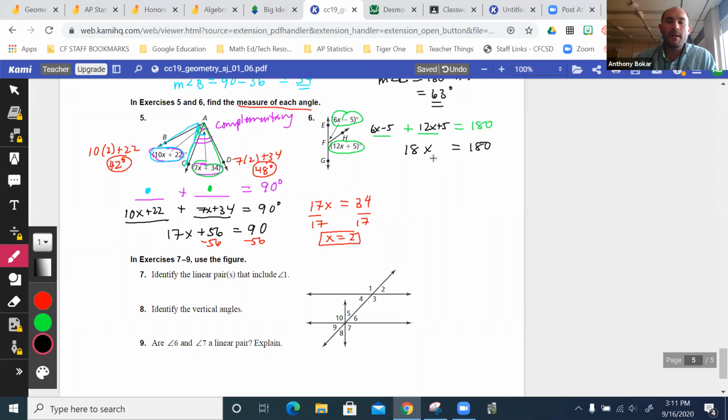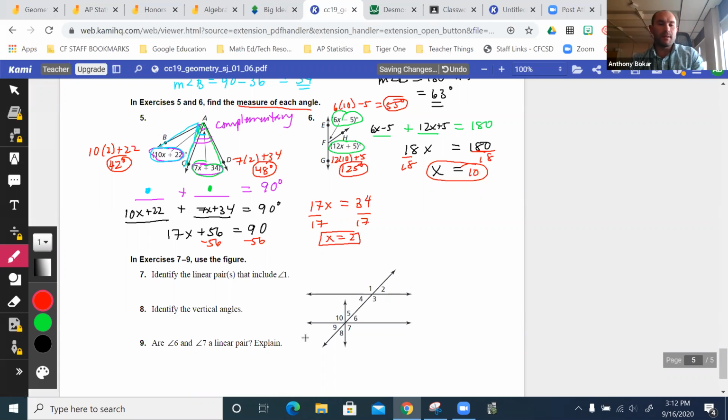So that is 180, and if you divide by 18, you get x equals 10. Substitute 10 back in, since it wants the measure of each angle: 6 times 10 minus 5 is 60 minus 5, so 55 degrees, which is okay because it looks like an acute angle. And 12 times 10 plus 5 is 120 plus 5, 125 degrees.